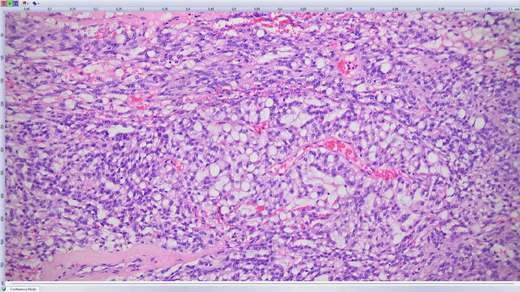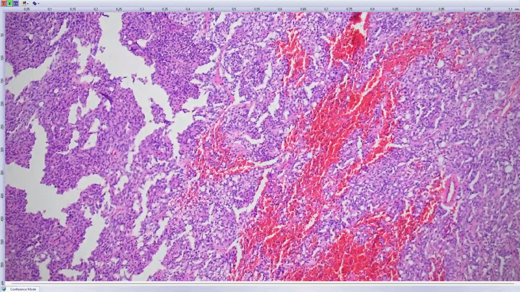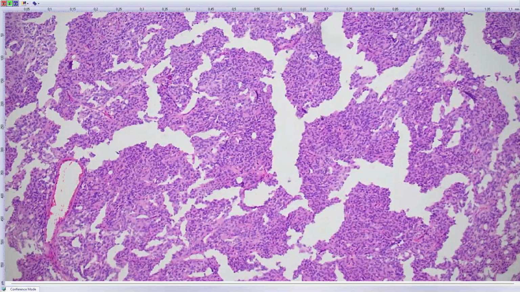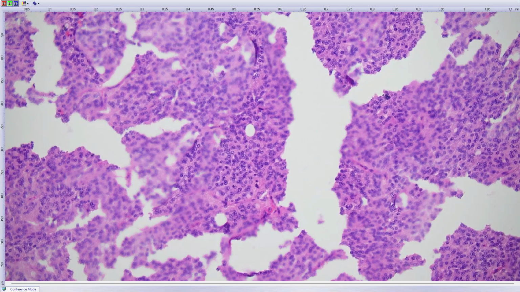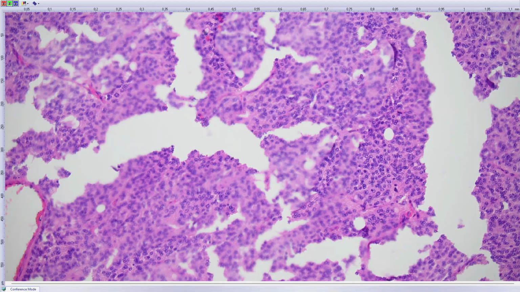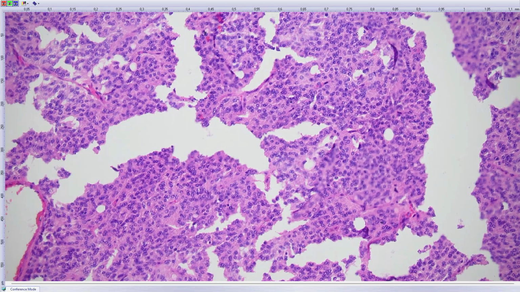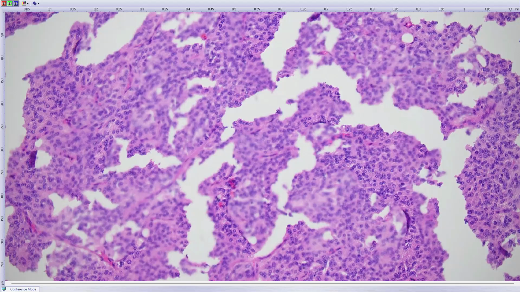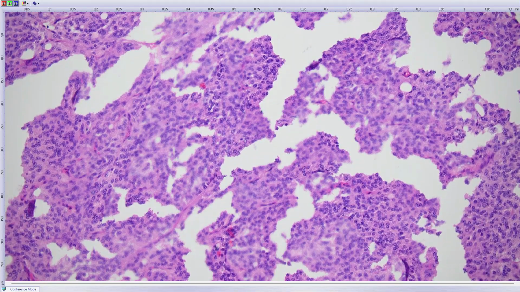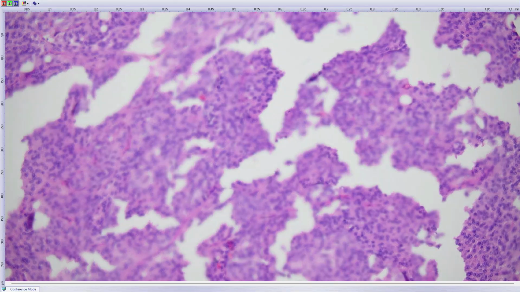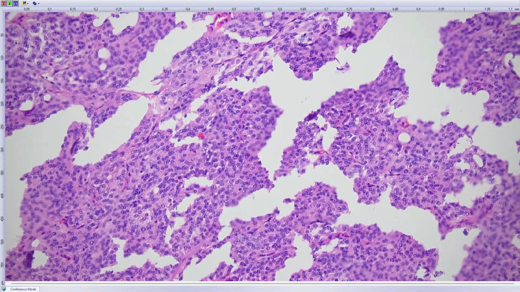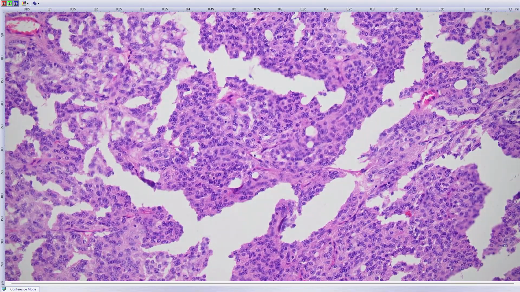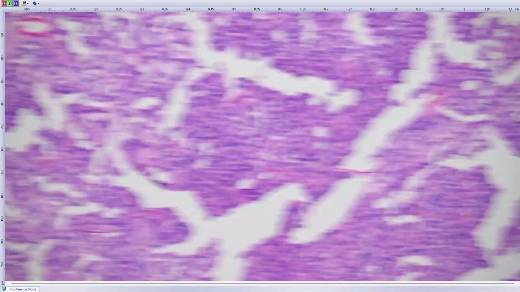It's almost lipoblast-like cells. And the second component was regular meningothelial meningioma, but it's not very well differentiated, rather hypercellular and grows in a diffuse sheeting pattern. In addition to this hypercellularity and diffuse sheeting growth pattern, there were no other atypical features.